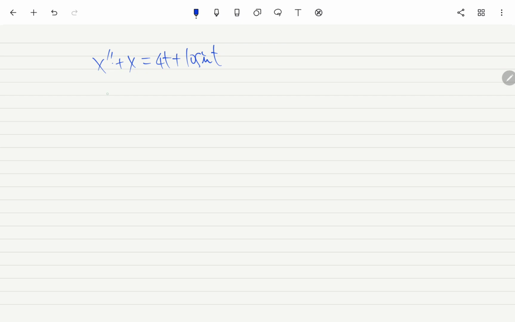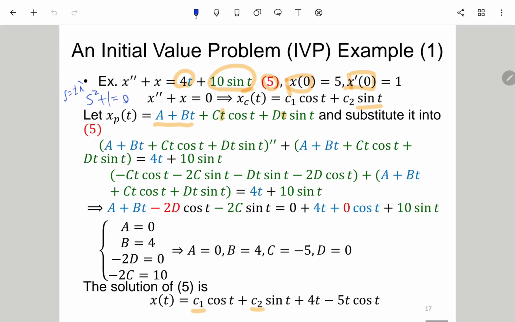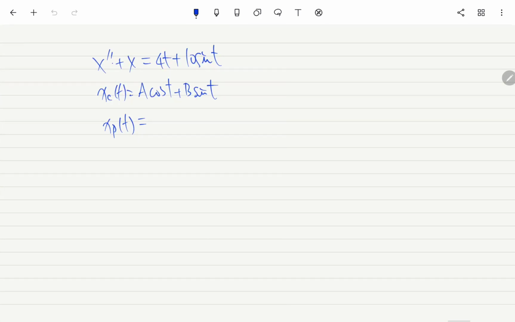First of all, we already get xc of t to be a cosine of t plus b sine of t, and then we also assume xp of t to be, here we use C1, C2 instead.